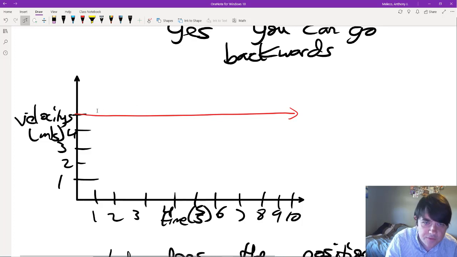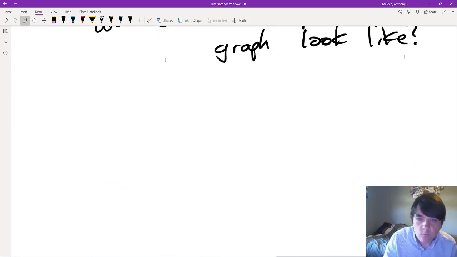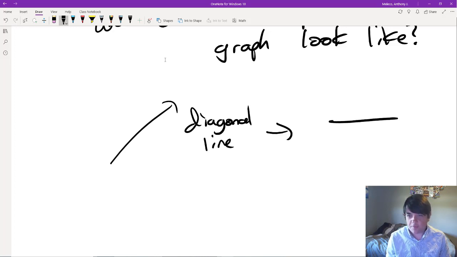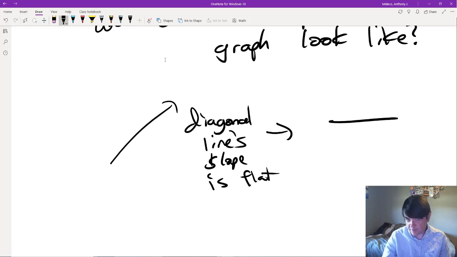And if it's a horizontal line and it's the slope of position, we know that our line will look like this. It'll just be a diagonal line, because a diagonal line has a flat slope.